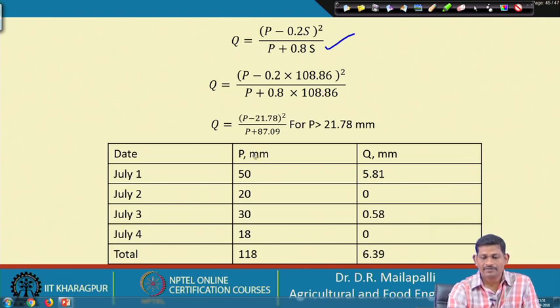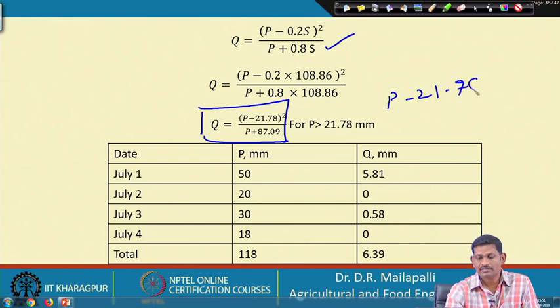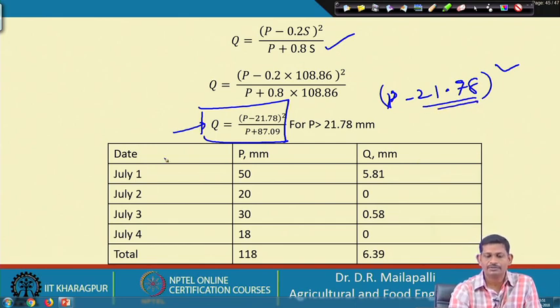Finally you get an equation like this, with P minus 21.78, squared, in the numerator. So P should be at least 21.78 to get a Q value, otherwise Q will be 0.